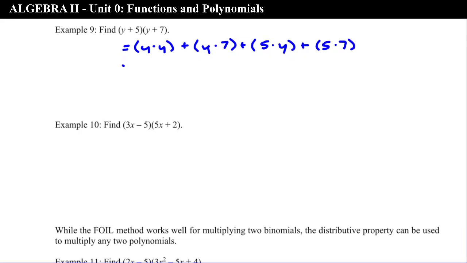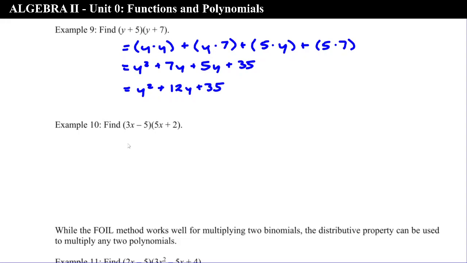And what we end up getting is y squared plus 7y plus 5y plus 35. And we can combine our y terms, and that gives us y squared plus 12y plus 35.